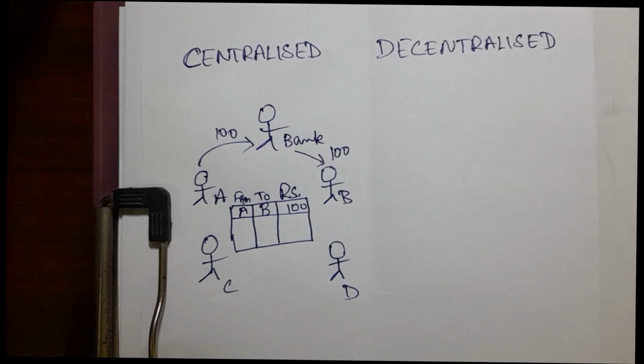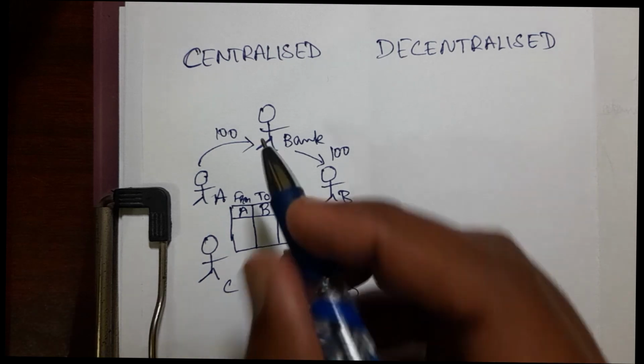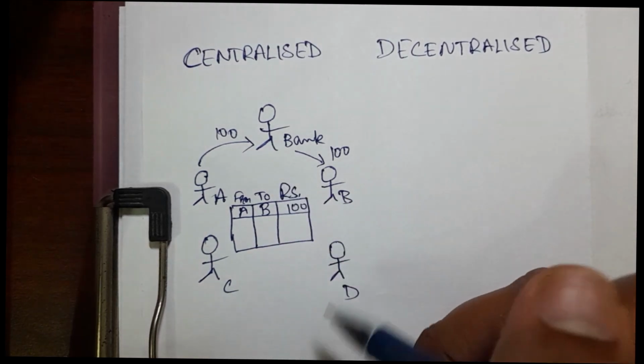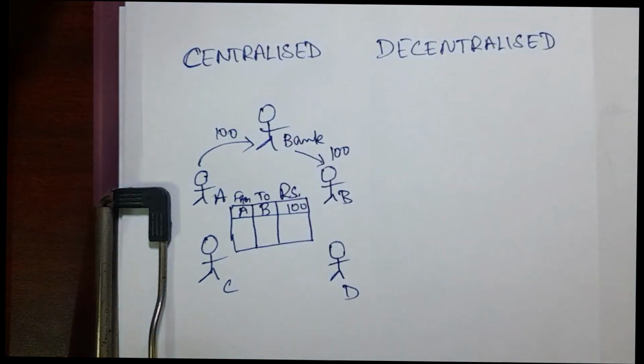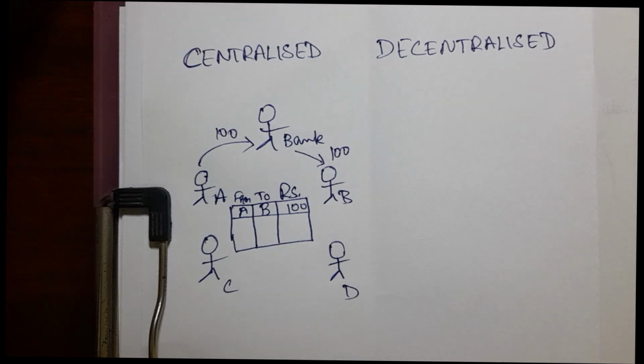Now, having understood this, the problem which can occur here is, let's say person B owns the bank. He can go and tamper the record. It's not necessarily that they are tampering our accounts, I'm not saying that.